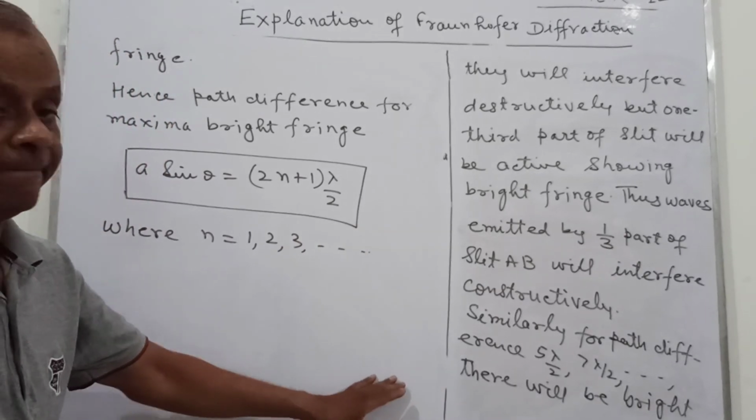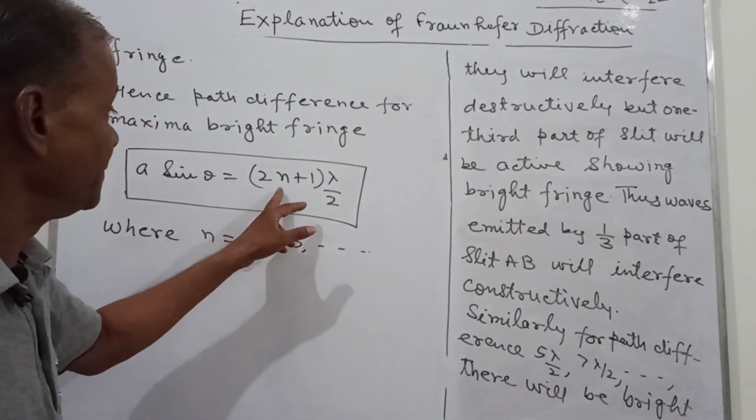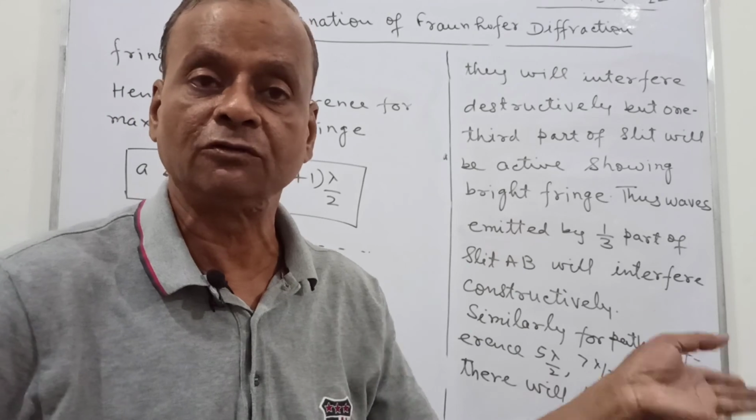So the condition for maximum is 2n plus 1 into lambda by 2 and the condition for minima is n lambda.